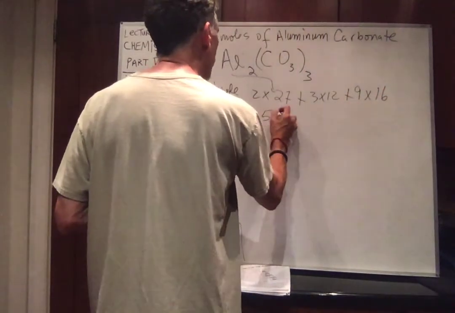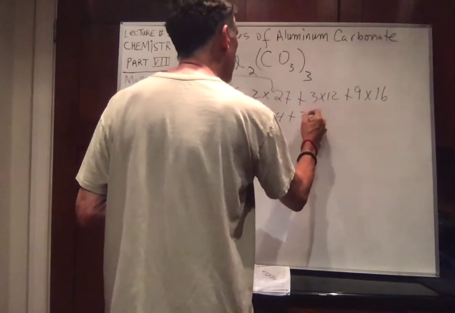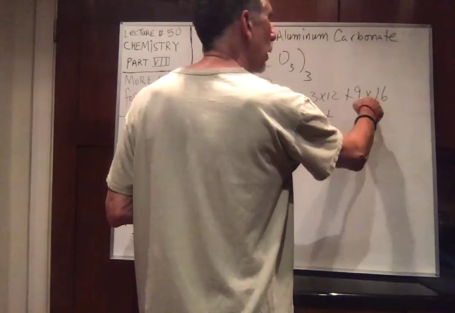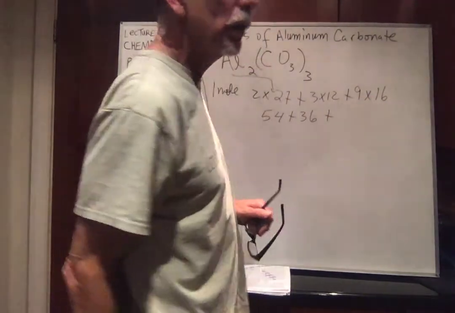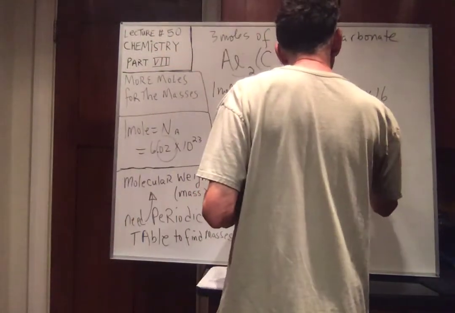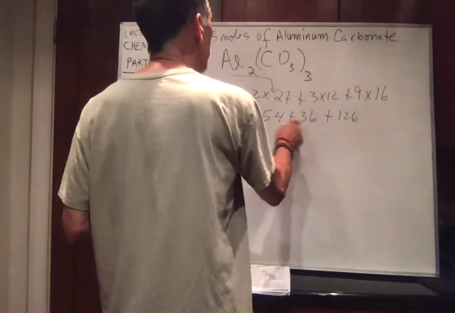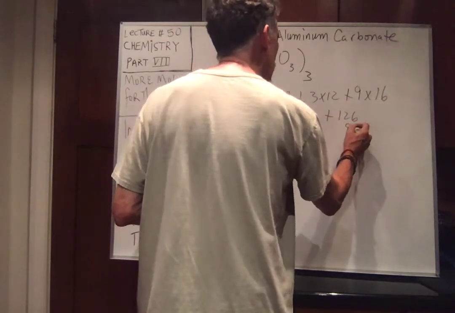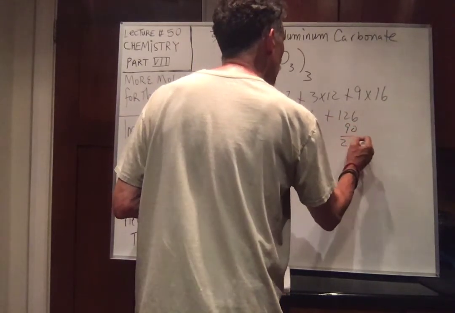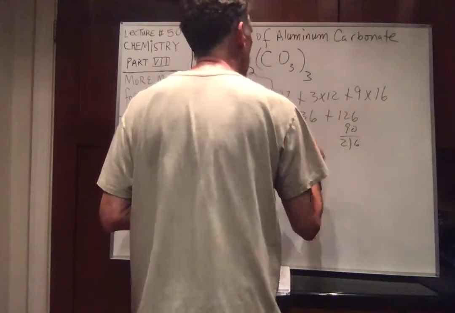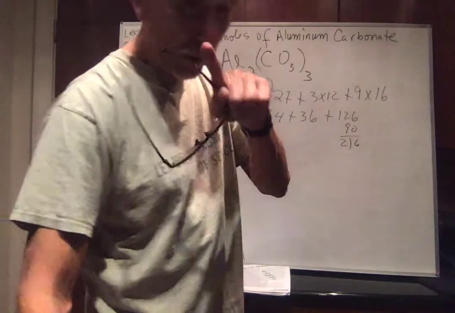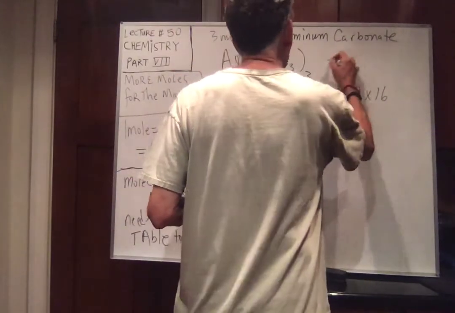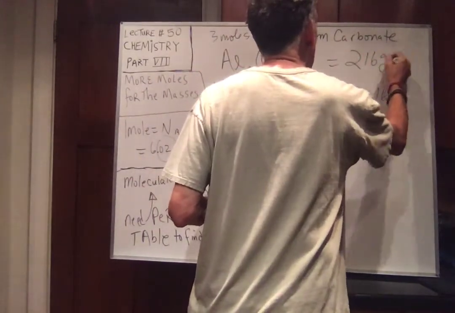So this is 54 plus 36 plus 144, and we get 216. Again, check my math. So 1 mole has a mass of 216 grams per mole.